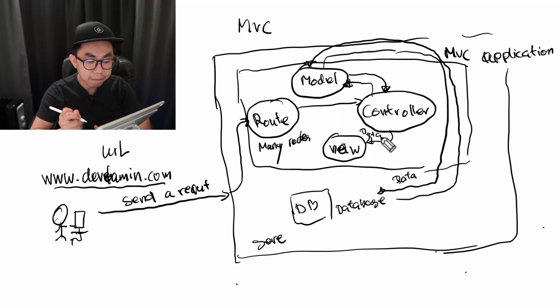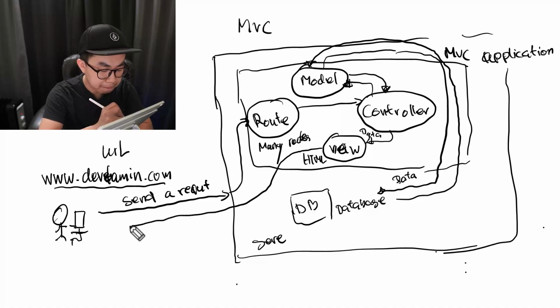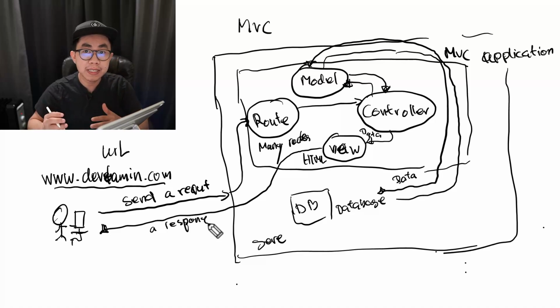And then view will put the data in HTML and send this back to the user. So we call this a response. So that's how the user can see our website. The user will see the website with the graphic user interface in the form of HTML.